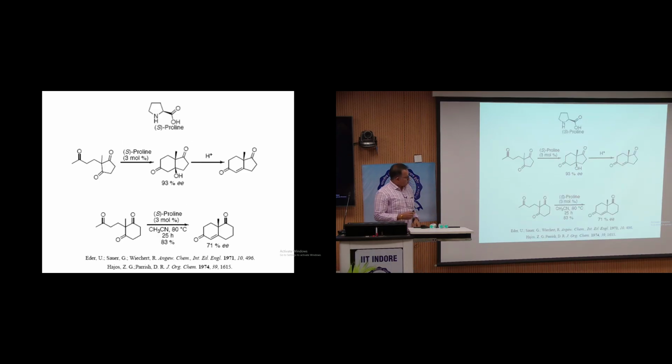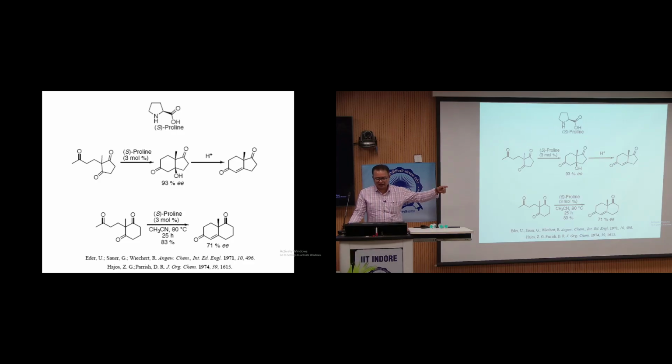The first one came from some unknown groups, I think Hajos and Parrish. They claim to have the first proline catalysis in the very beginning, 1971, and they show they use this proline, 3%, for an aldol type of cyclization.